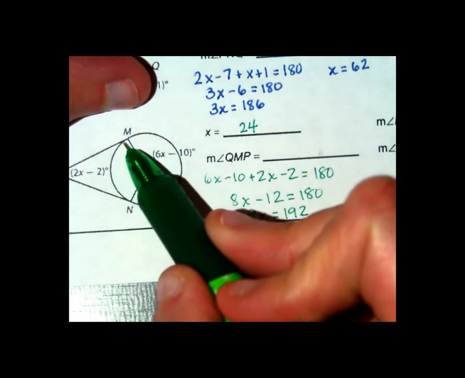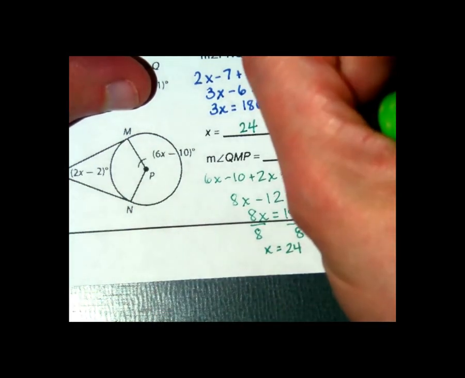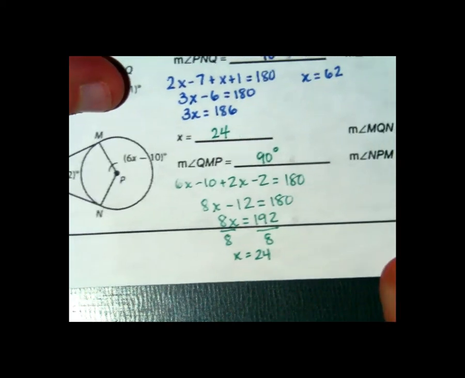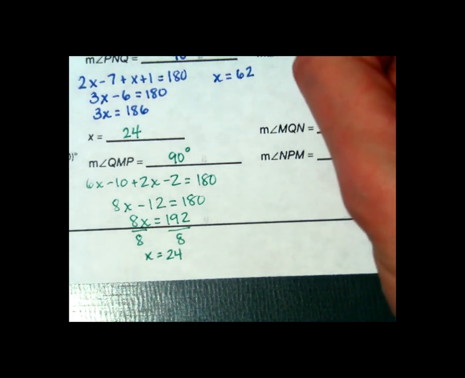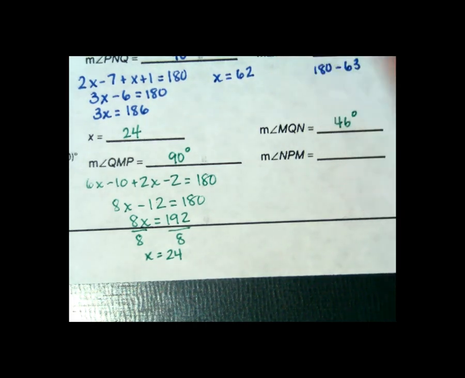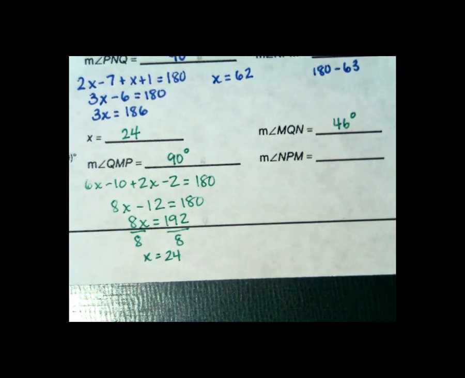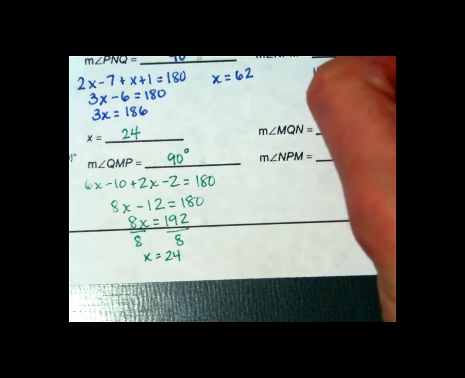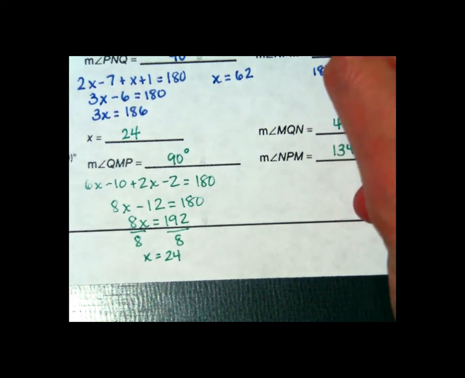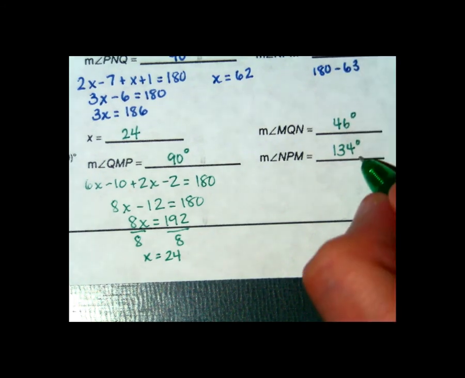QMP. You didn't have to plug in on that one. Okay. MQN. Okay, so you do 2 times 24, which is 48, and you subtract 2 and you got 46. Okay. How about NPM? You can either subtract 46 from 180, or plug in and do 6 times 24 minus 10. Either way, you get 134.